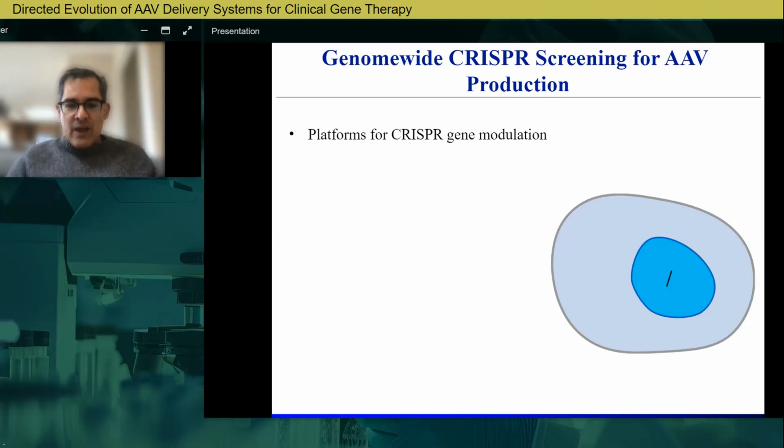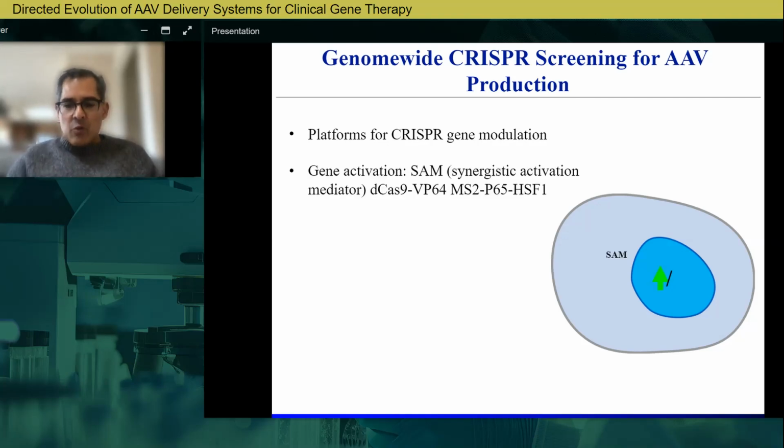So to be able to get the genetic diversification within the 293s, we began to use an approach called genome-wide CRISPR screening, building upon CRISPR technology, which was originally invented at UC Berkeley. So there's a way where you can take Cas9, the enzyme of the CRISPR system that is a nuclease and cuts a target site as guided by a guide RNA.